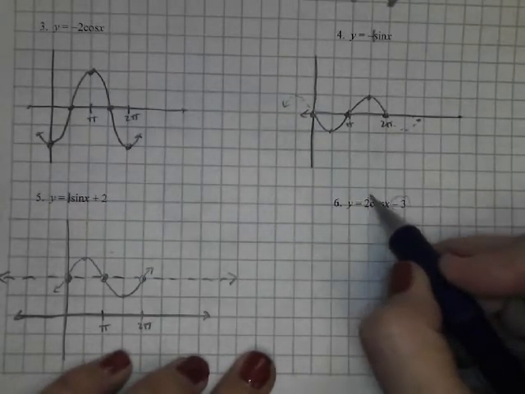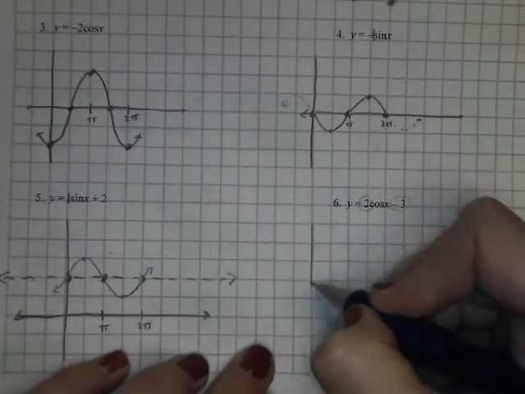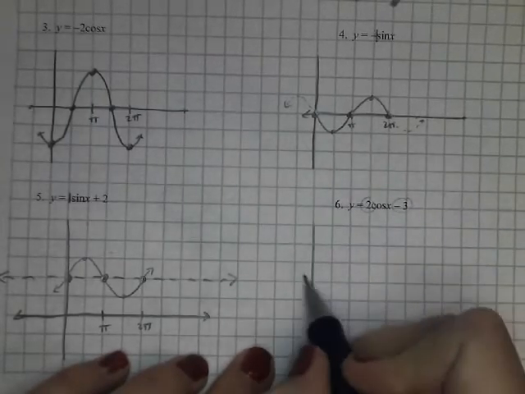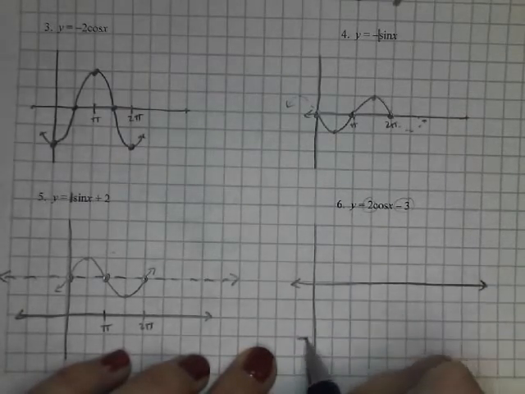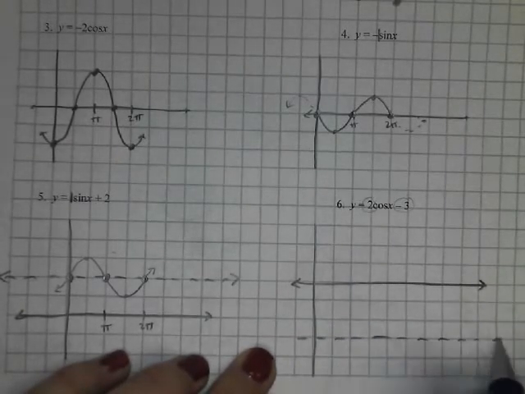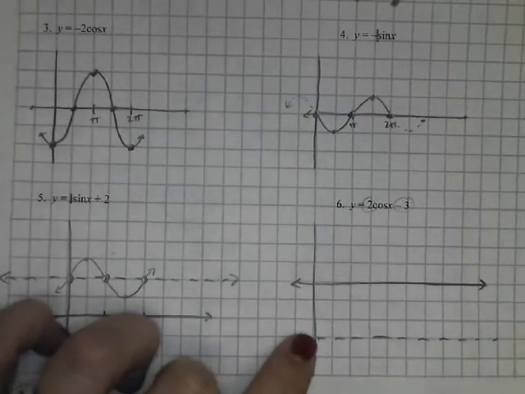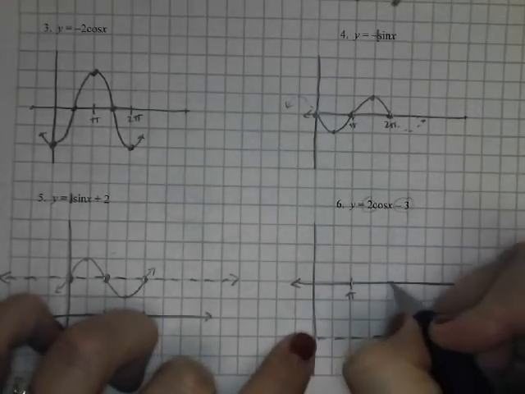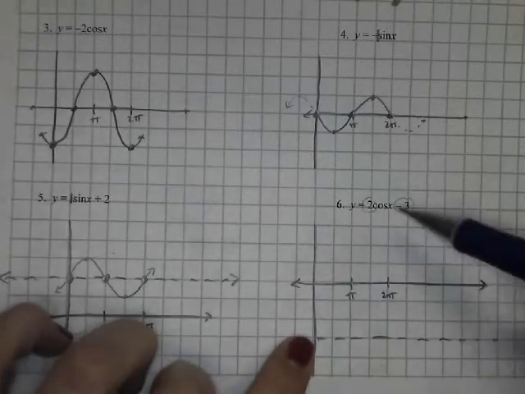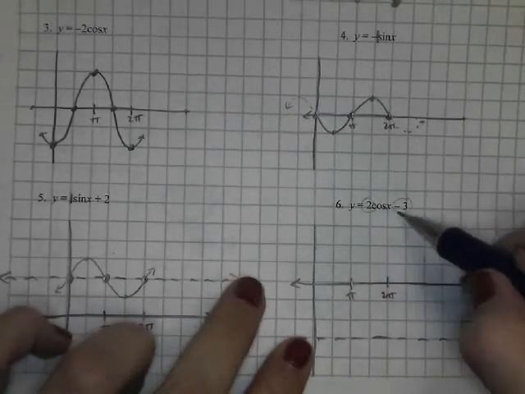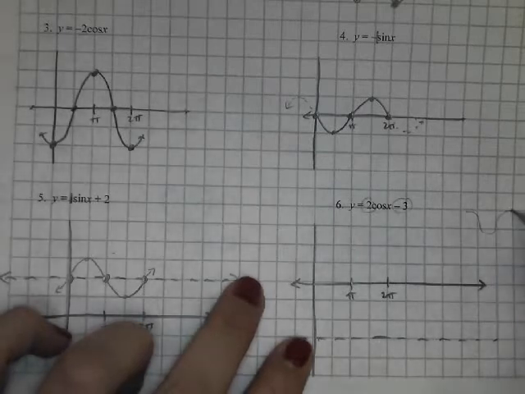Number 6 has a midline change and an amplitude change. So off of our midline, which has been shifted down 3, I'm going to give myself space below: 1, 2, 3. There's our new midline, okay? Our cosine curve, here's pi, here's 2 pi. It's a positive cosine, so it starts high, ends high.